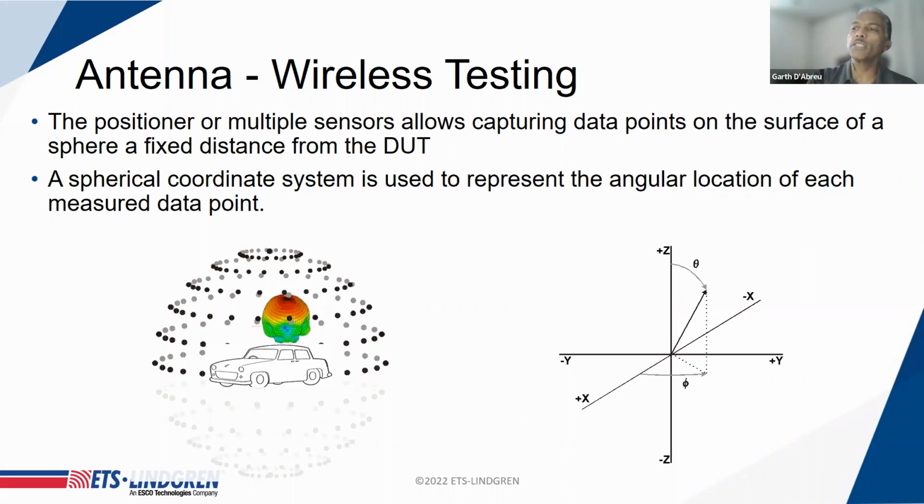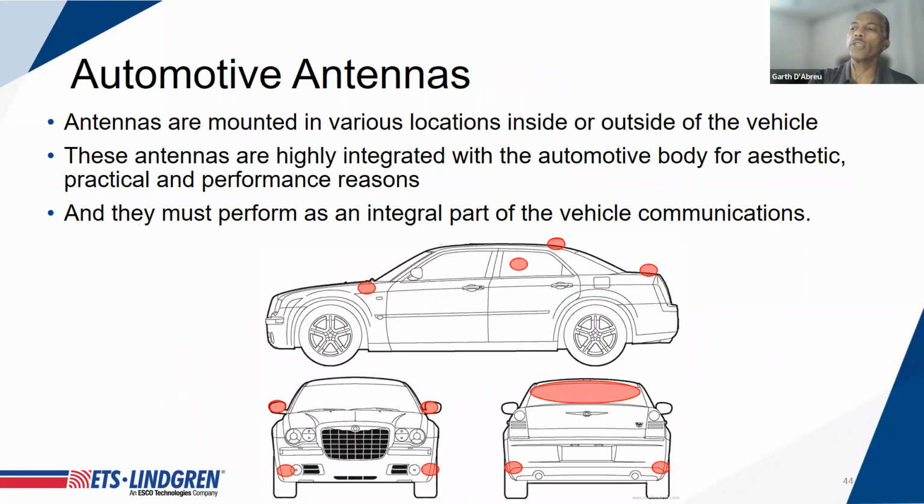So what we're starting to see is the migration of some of these techniques into the automotive industry to help create test conditions for making measurements on these different antenna types with different methods of integrating into the vehicle body. What you can see here is that there are a number of positions where antennas are placed.